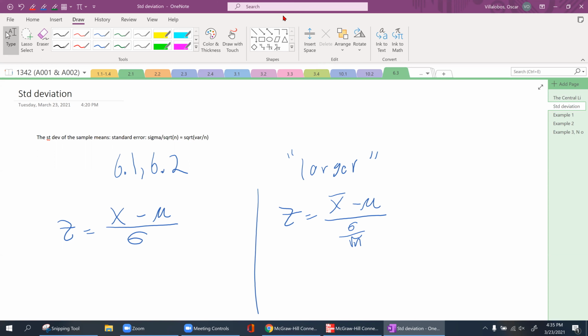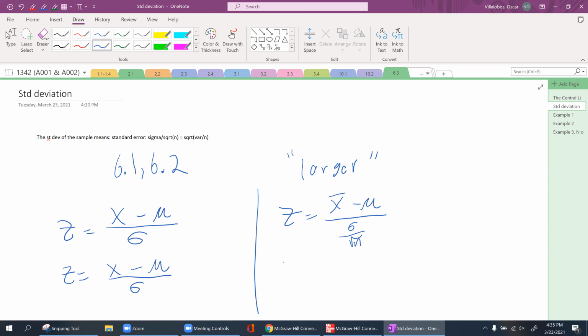In sections 6.1 and 6.2, we were using z is equal to the x value you're focused on minus the mean over the standard deviation. Here, you're going to look for the keyword saying that the sample is taken from a larger population.